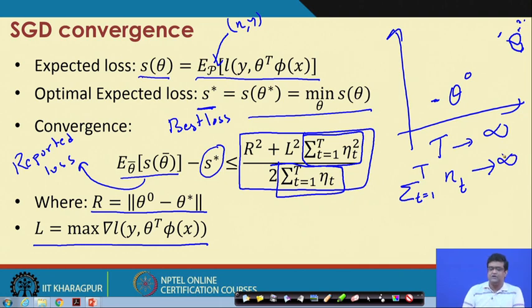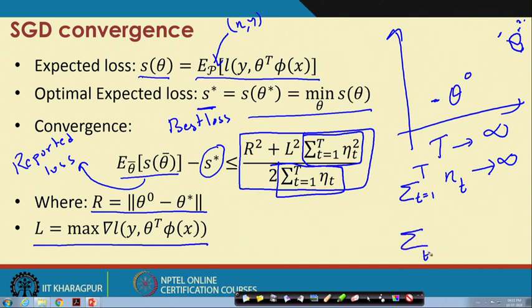So, I choose my learning rate parameter eta t such that if I take infinitely many time steps, the summation over the learning rate will also go to infinity, but summation over t equal to 1 to capital T of eta t square is finite. So, this is strictly less than infinity. This is some finite number, okay.